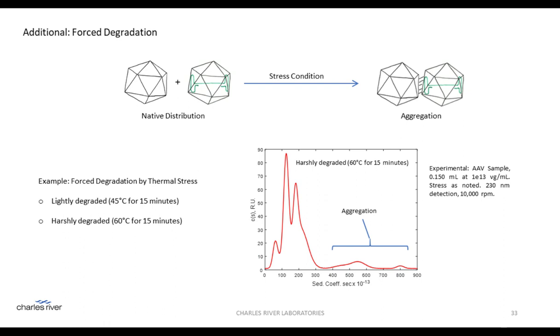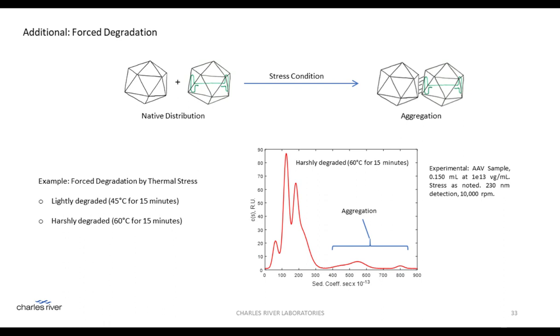The data I show here was obtained by subjecting an AAV sample to fairly strong thermal stress, as indicated in the graph, indicating that if aggregation does occur, it is over a fairly large size range, many hundreds of S values as indicated in the figure. As demonstrated, AUC has the ability to quantify aggregation over this very large size range. Not only that, at the same time, it's able to resolve some very real peak structure over this range. And that's a capability that may not be possible with other methods.